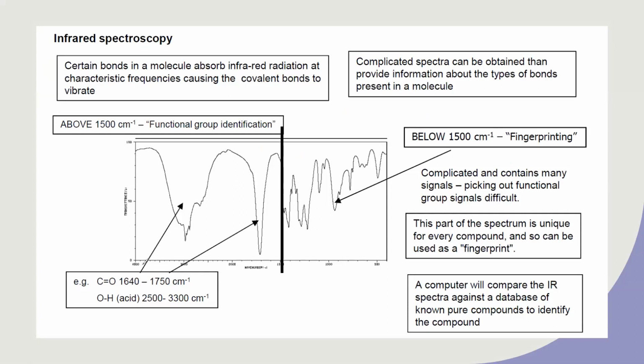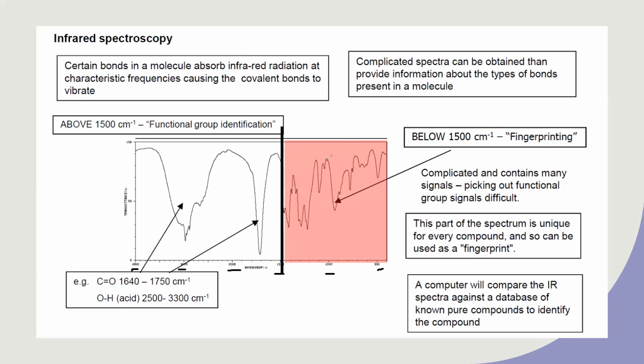So as you can see, here it is 4000, 3000, 2000, then 1500. What about the region from 1500 to 0? That is called the fingerprint region. Why do we call this a fingerprint region? Because in this region, each molecule has a distinguished spectrum.